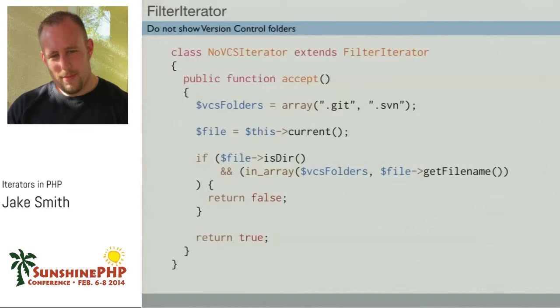I would wrap a directory iterator with this no-VCS iterator, and if I foreach over that, it would never show up. So it makes it really easy to filter out data and it's reusable. As long as it's an iterator that's going inside of this filter iterator, you're covered.